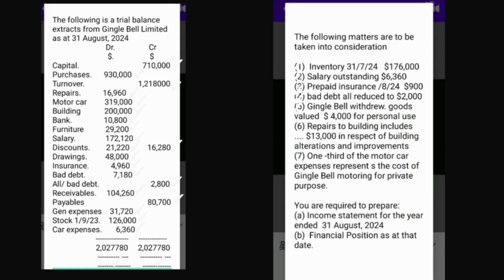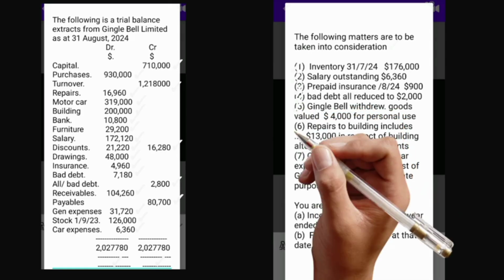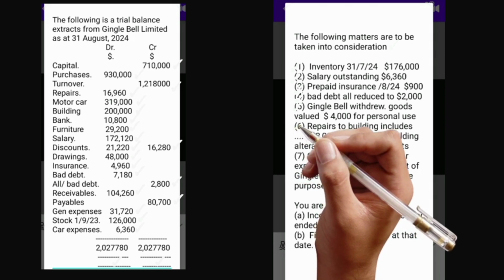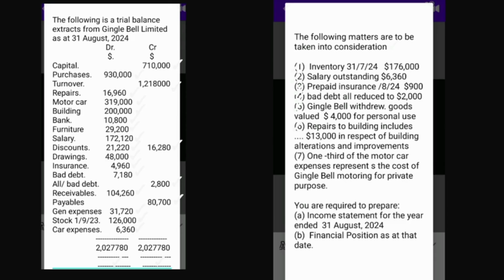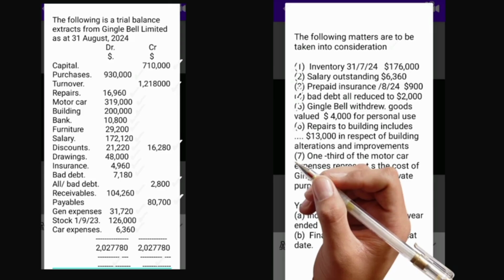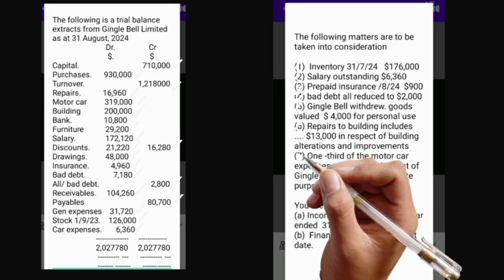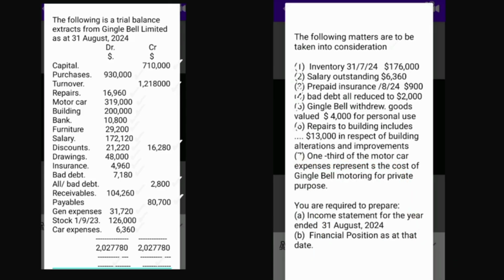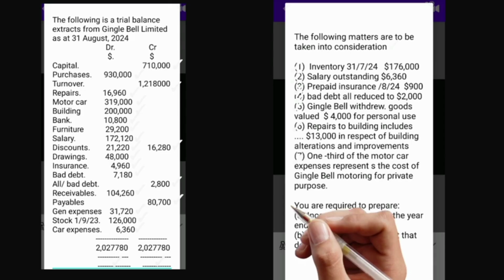Bad debt is to be reduced to 2,000. Gingle Bell withdrew goods valued 4,000 for personal use. Repairs to building includes 13,000 in respect of building alteration and improvement.